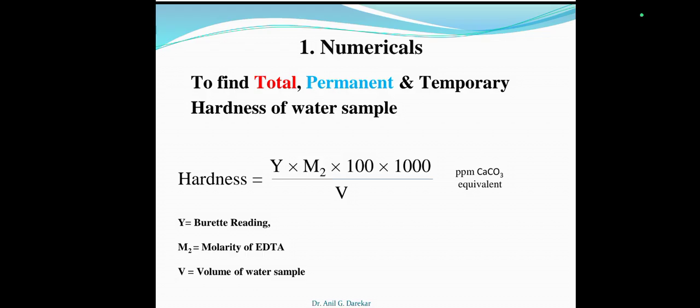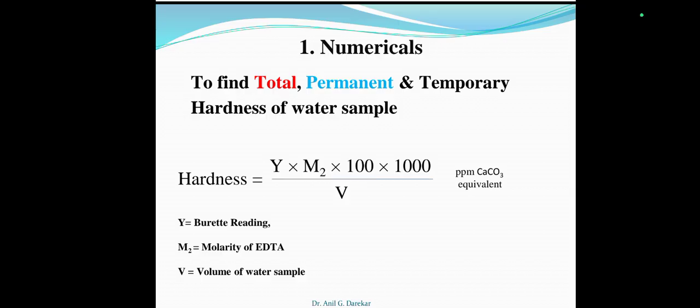This formula we are going to use to find total and permanent hardness of the water sample. And once we get total and permanent values, we can find temporary hardness. So this formula you have to remember.